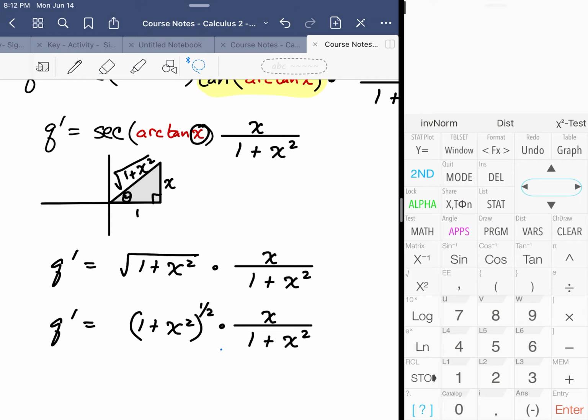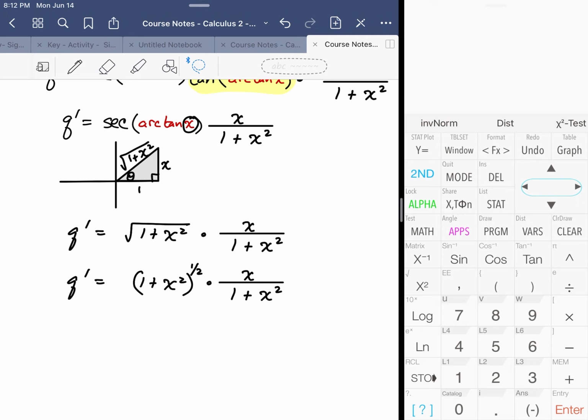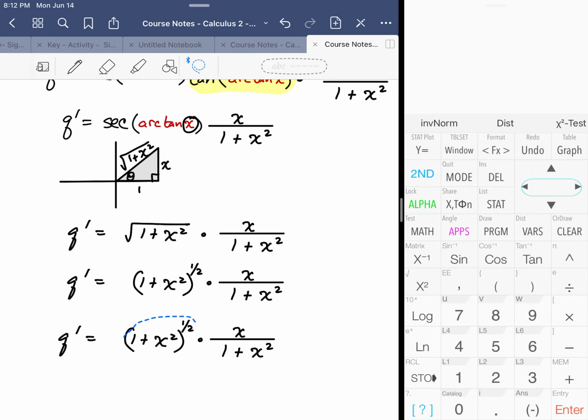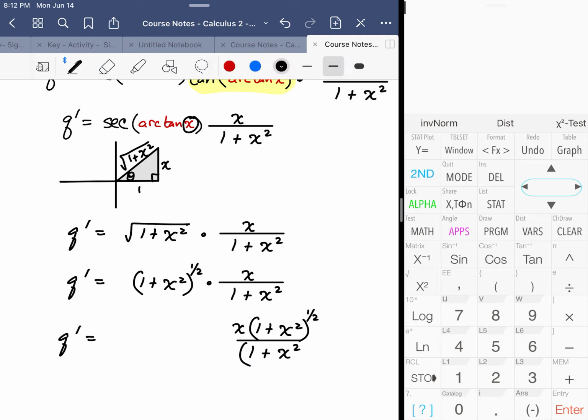Put it together with the other fraction, and you have a little keep the base, add the exponents action going on here. Alright, but I'm going to rewrite this bottom as 1 plus x squared to the 1st power to make it a little bit more obvious.